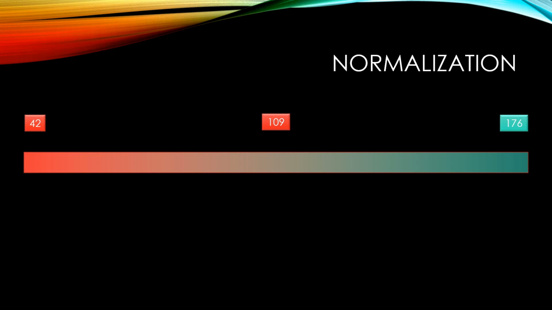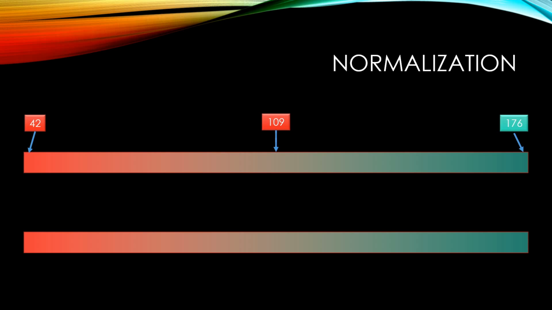But what if we were to map that down into a range of 0 to 1? 42 is the beginning, 176 is the end, and 109 is directly in the middle. If we map that to 0 to 1, you end up with 0 at the beginning, 1 at the end, and 0.5 directly in the middle.